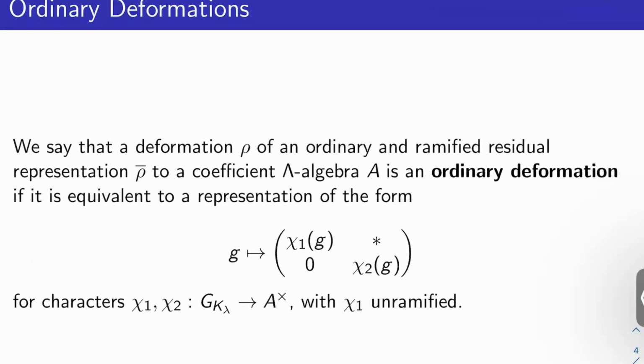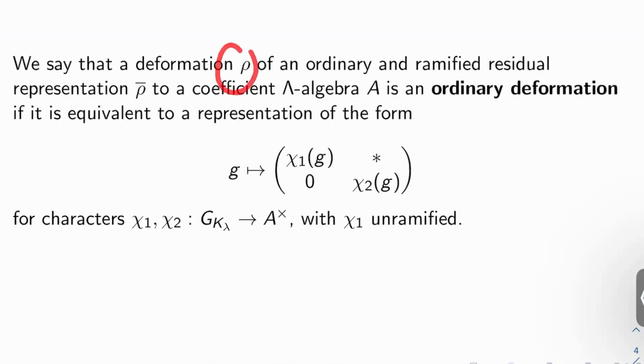We'll say a deformation rho of an ordinary and ramified residual representation rho bar to a coefficient λ-algebra A is an ordinary deformation if it's equivalent to a representation of that same form given above. So this kind of upper triangular matrix with an unramified character on the diagonal and some other character on the diagonal as well. And these chi1 and chi2 are just characters on the Galois group G_{K_λ} that we're working with.